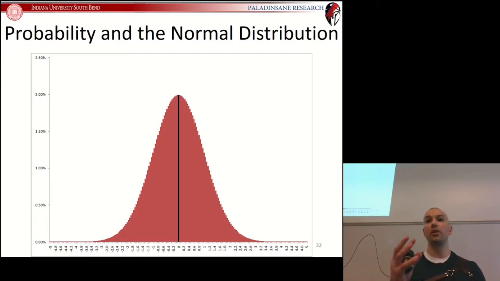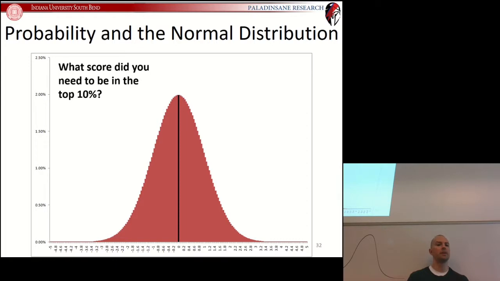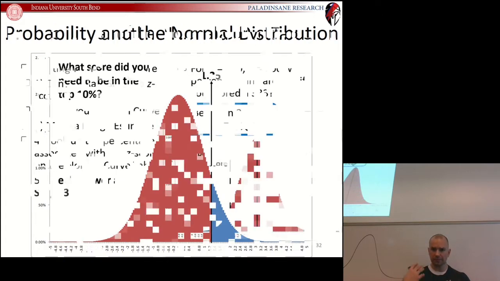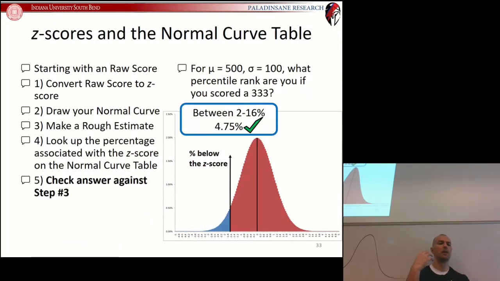So that is why we spent that time using the normal distribution table. That is why that normal distribution table is the first table in your appendix. That's why we spent the time figuring out what score you need to be in the top 10%, while we went through the examples of starting with a raw score and finding a percent, starting with a percent and finding a raw score.